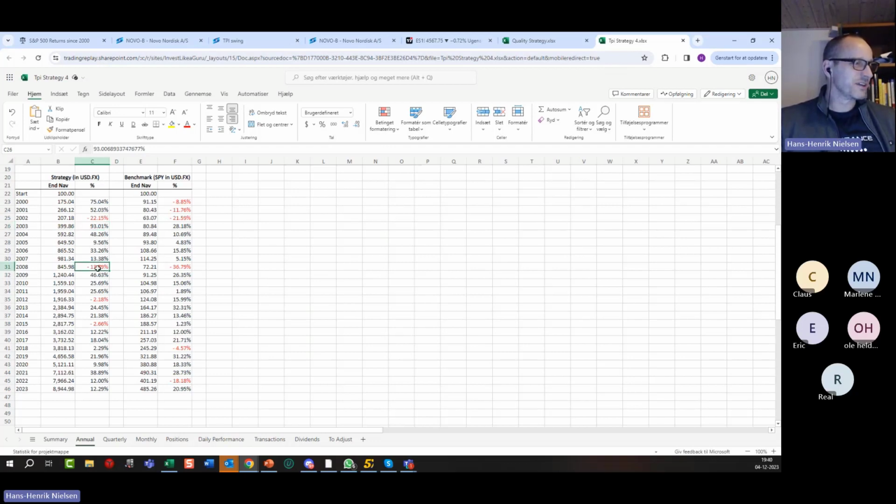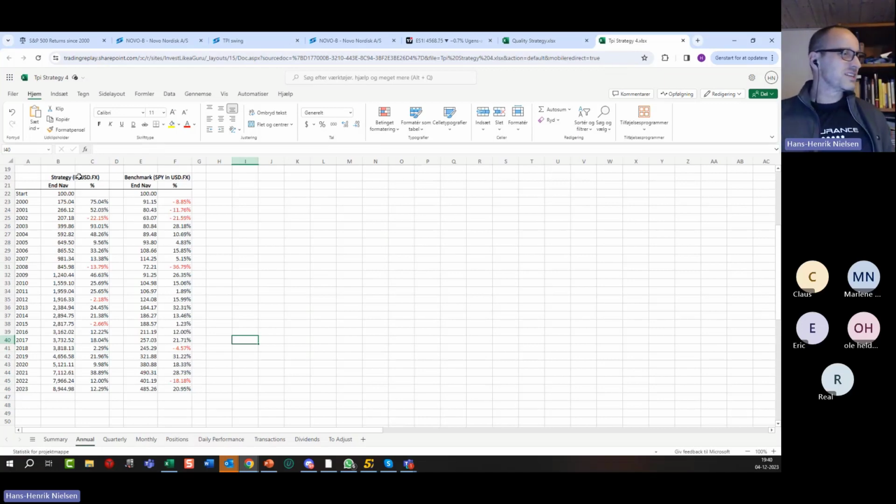But as you can see, 2008 made actually a decent minus 13% overall for the year. 2012 was a difficult year, and 2015 was as well. 2018, if you remember that, 20% down in Q4 due to the Fed hiking the rates.